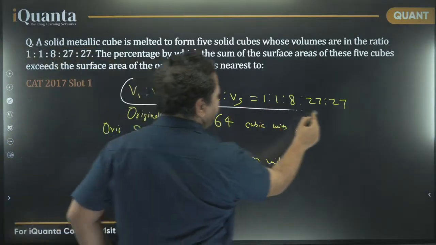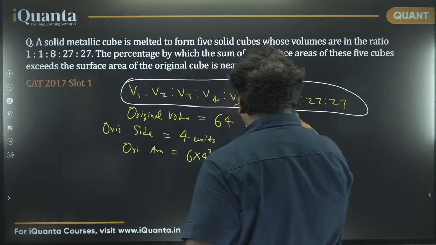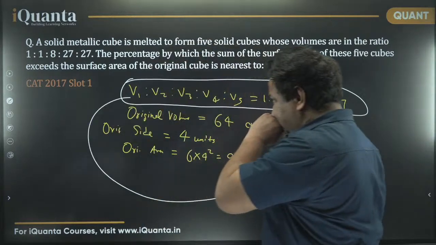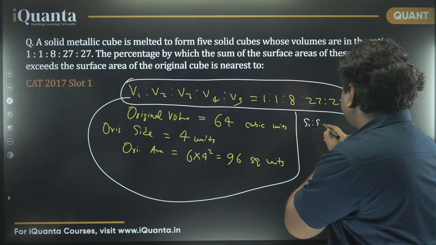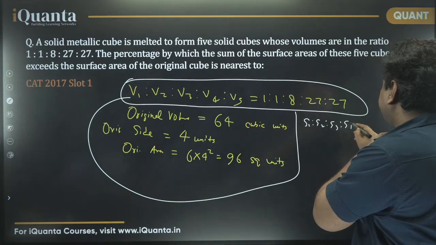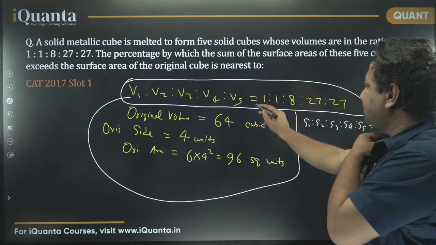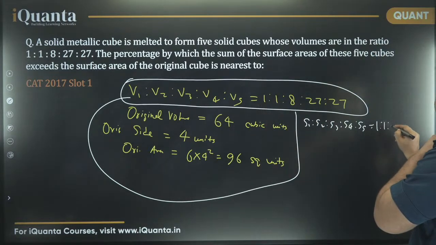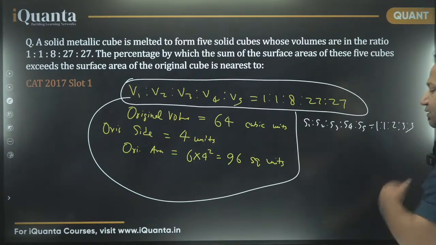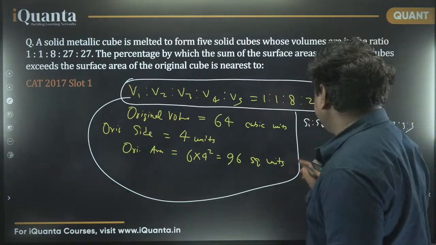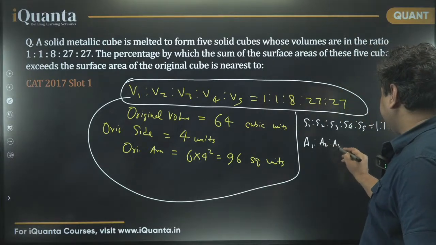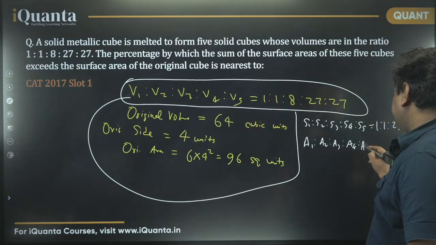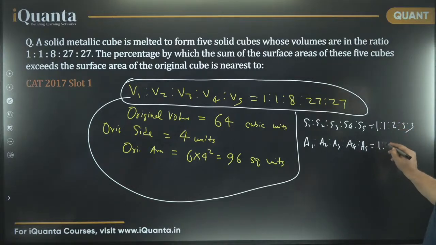Okay. Now, this is original when the cube was not melted. After melting, we have 5 cubes. In 5 cubes, the ratio of sides will be the cube roots of this: 1 is to 1 is to 2 is to 3 is to 3. Ain't it? And the ratio of areas will be A1 is to A2 is to A3 is to A4 is to A5, the square of this: 1 is to 1 is to 4 is to 9 is to 9.